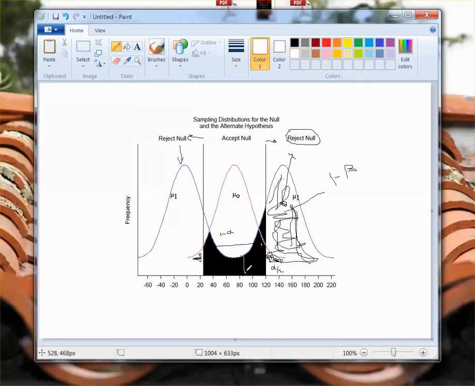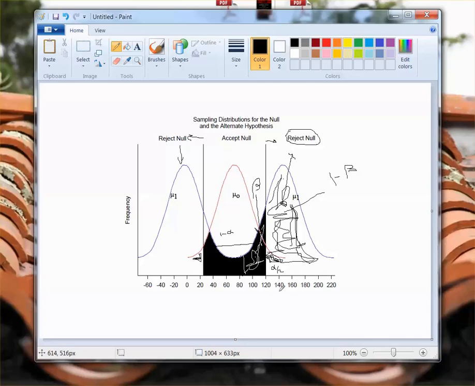This area down here, right, all in this area, this would be the beta area. This is the area that represents a type 2 error. That is, it belongs to this blue distribution. So we should reject the null, but we don't. We accept it instead, right? And so they're overlapping distributions, but they're separate distributions.